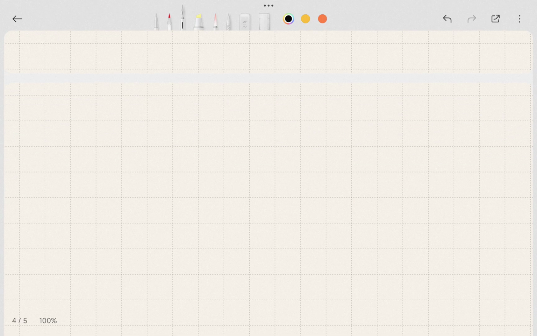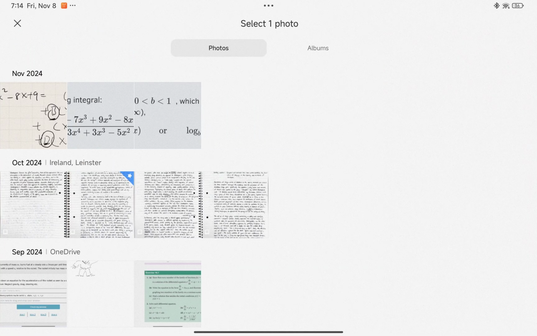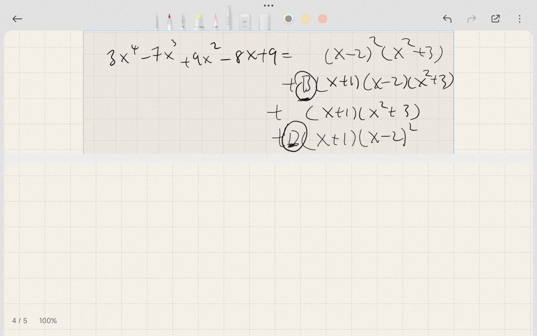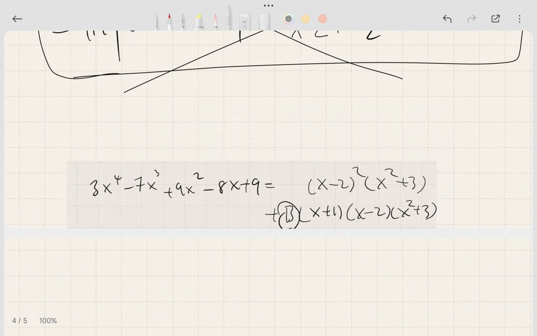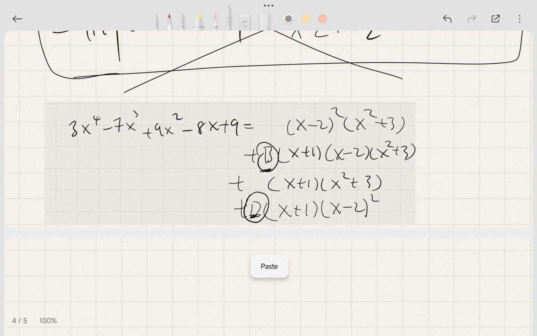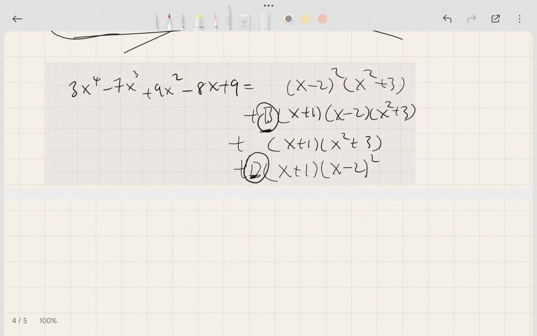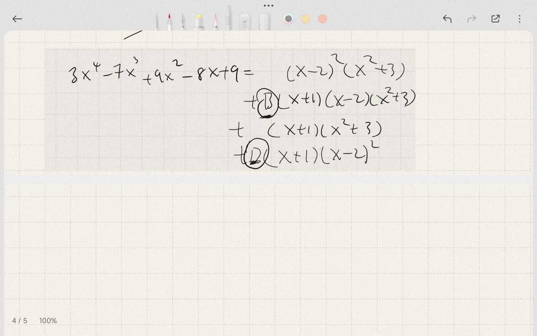Let's come down here, insert image. Okay, so essentially this is the equation we have, and let's expand the right hand side out.